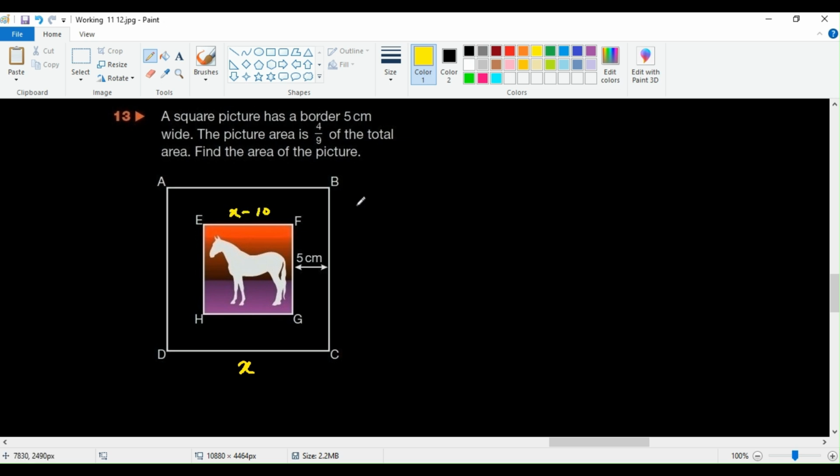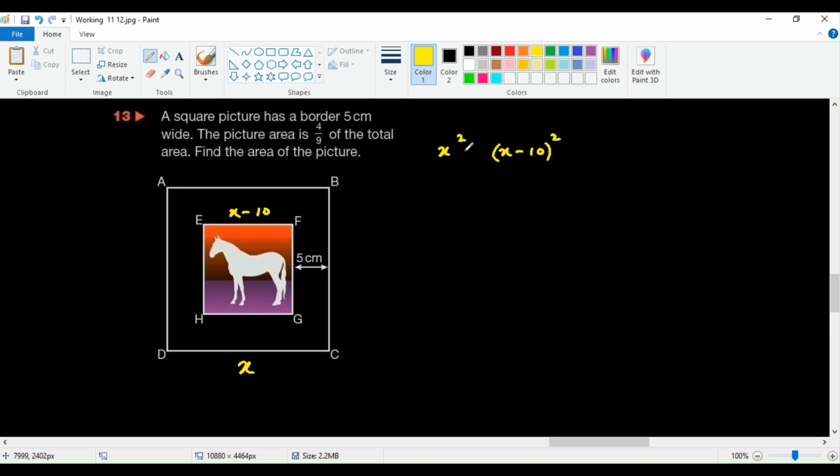So keep this in mind. Total area of the frame is x squared, and from here we should know that this is to be subtracted. So x minus 10 is going to be the side of the picture.